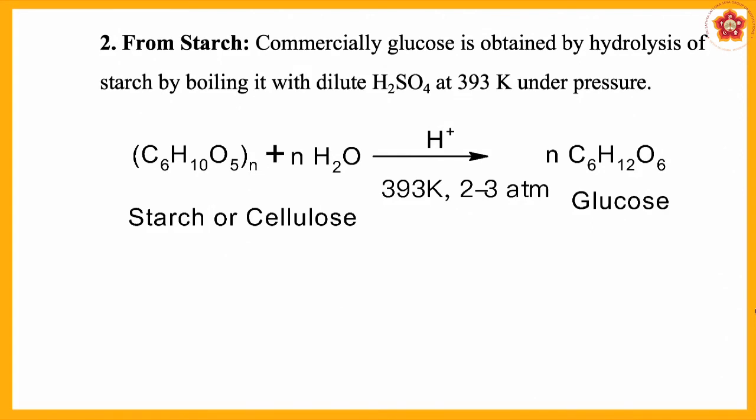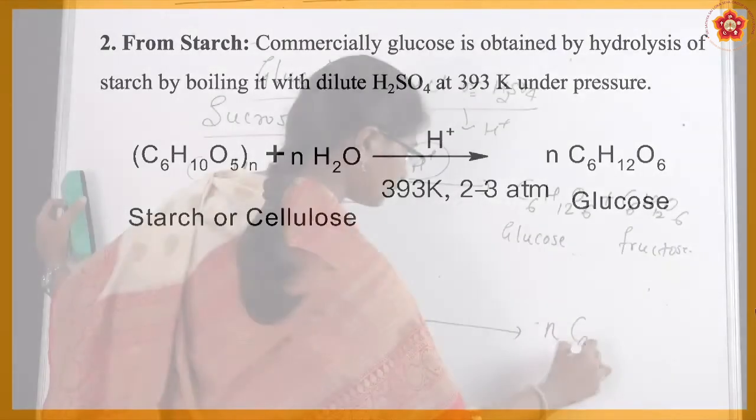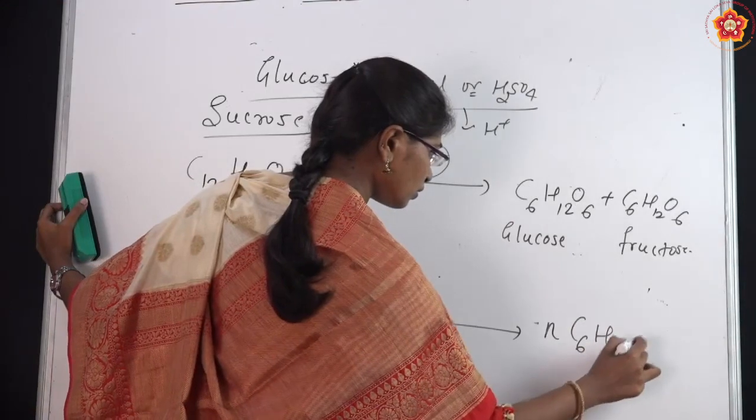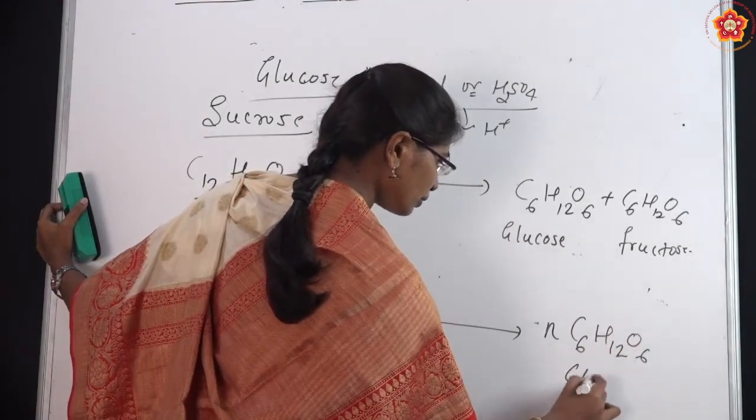With n H2O, it gives n C6H12O6. When you boil starch or cellulose with water, we get glucose.